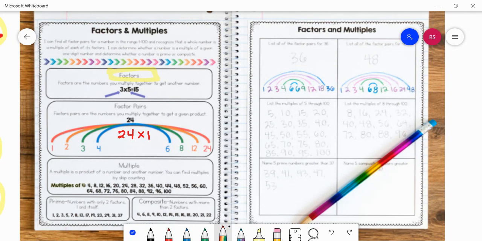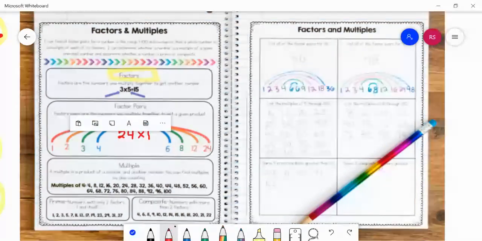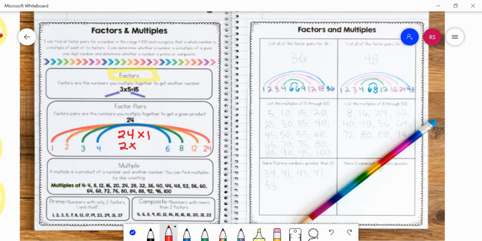Then we have 2 times 12, and you can see that with the orange rainbow. Then we have 3 times 8. You can see that with the green rainbow. And then we have 4 times 6, and you can see that with the blue rainbow. So they listed the factors, but I just want you to see that the factor pairs are easier to find, and then just put them in order from least to greatest using your rainbow method, okay?